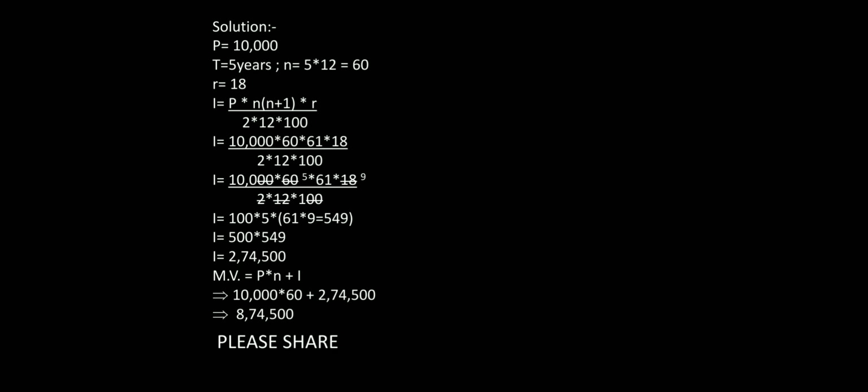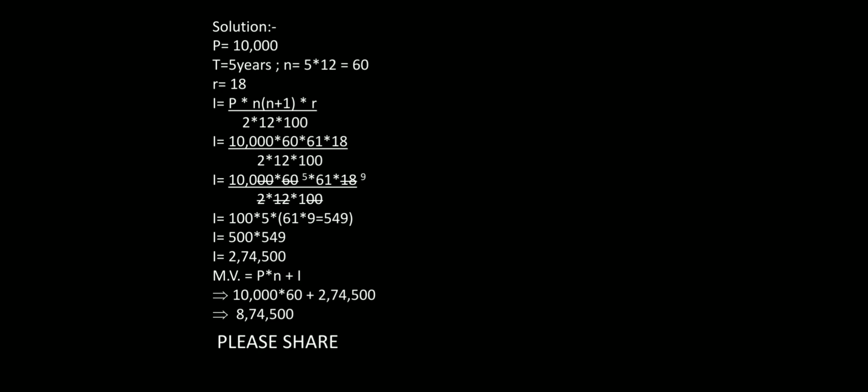After solving it, you will get 100 into 5 into 61 into 9. Now 61 into 9 is quite easy, because 9 ones are 9 and 6 nines are 54, so it will be 549. And 500 into 549 gives you 2,74,500.